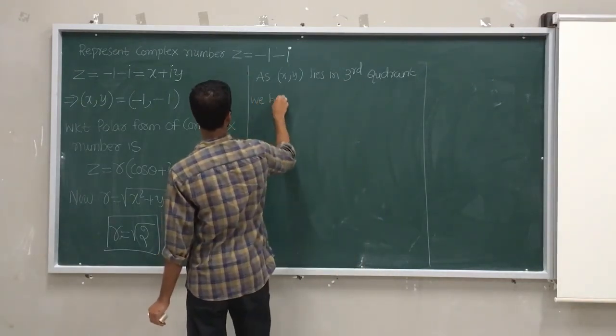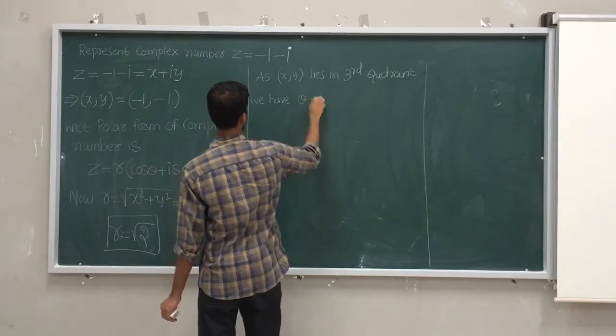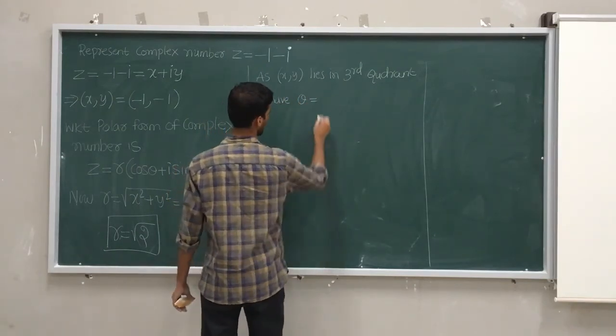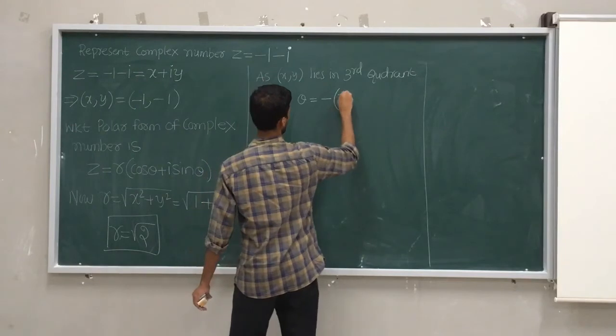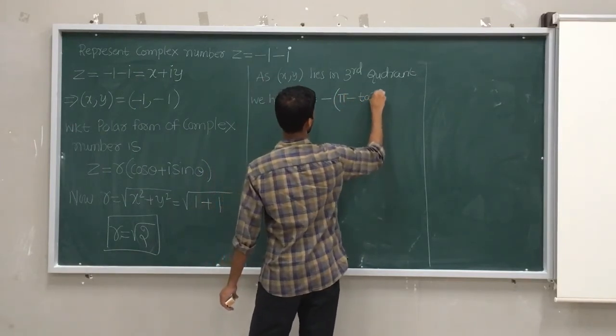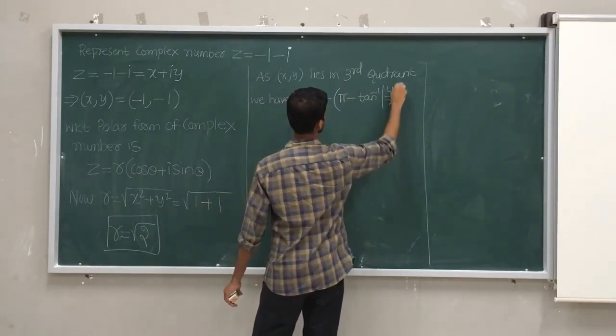In the third quadrant, theta equals minus of pi minus tan inverse of mod of y by x.